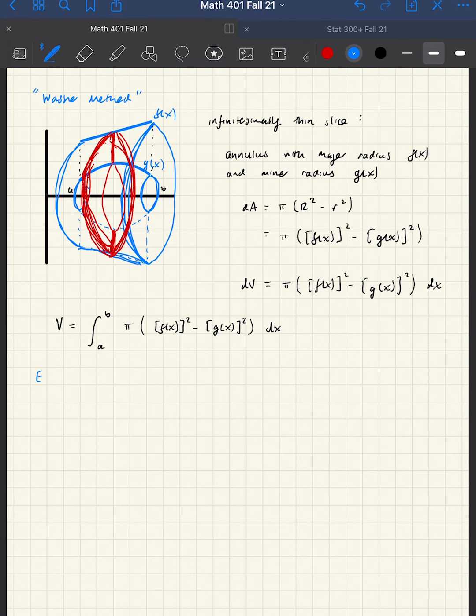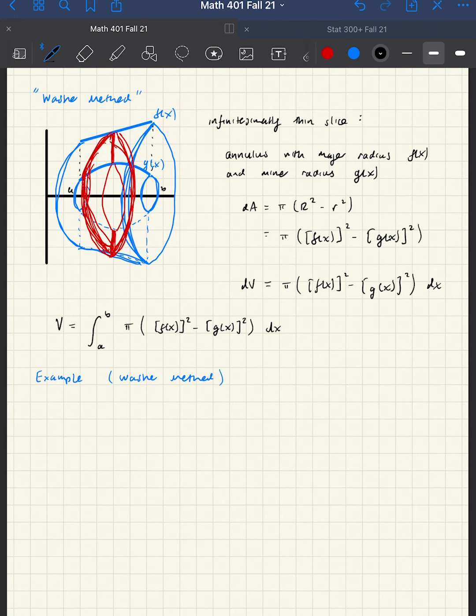Okay, let's see an example with this. Just a basic example of using the washer method. This is still the slicing method, technically. It's like a subset of it, except in this case, the slice has a gap in the middle.